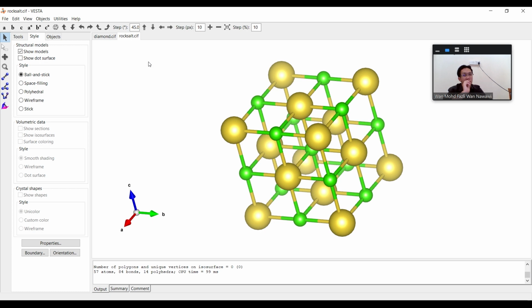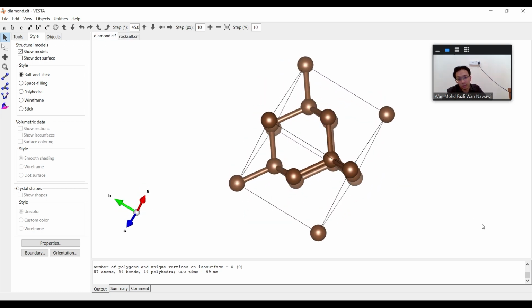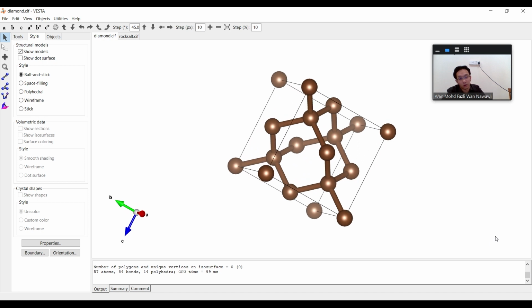Even with something like diamond, it seems difficult to see whether it is FCC or not because of the internal atoms, but if you can move that atom to become a corner, then you can still get the FCC cubic structure.